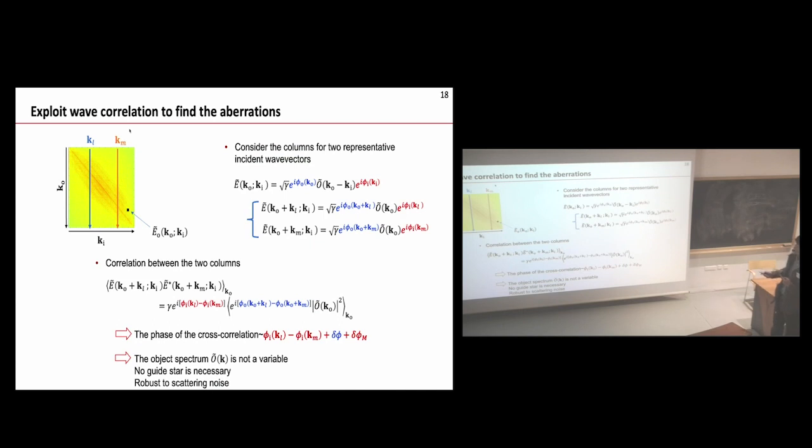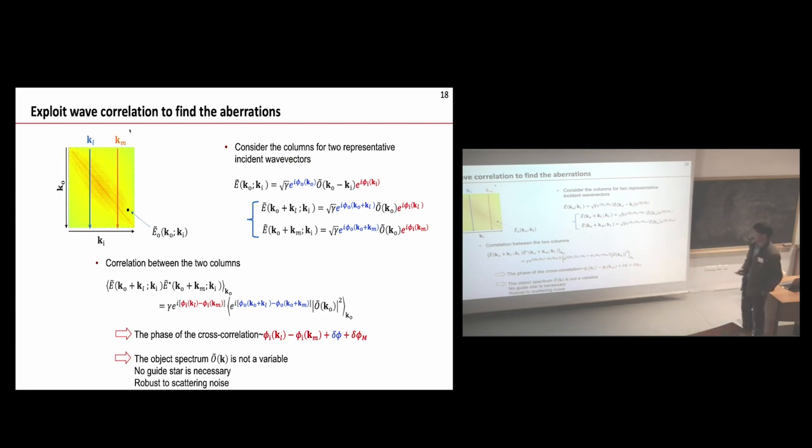Then this becomes O(K out), and measuring the spectrum at another angle, the object spectrum becomes O(K out) in the delta K space as well. So in a way, we make the object spectrum invariant by playing with the spectrum in the delta K space. And of course, you have incident aberration and outgoing aberration.